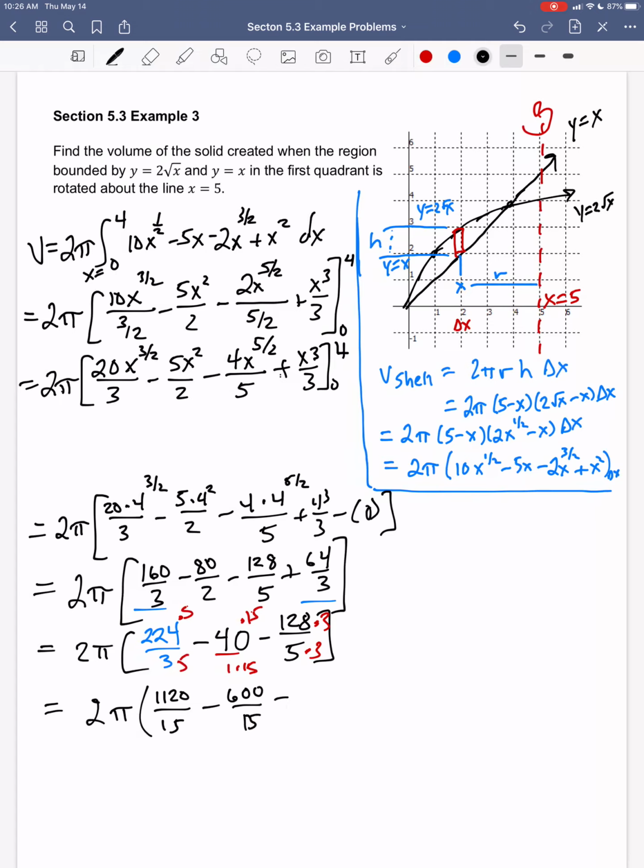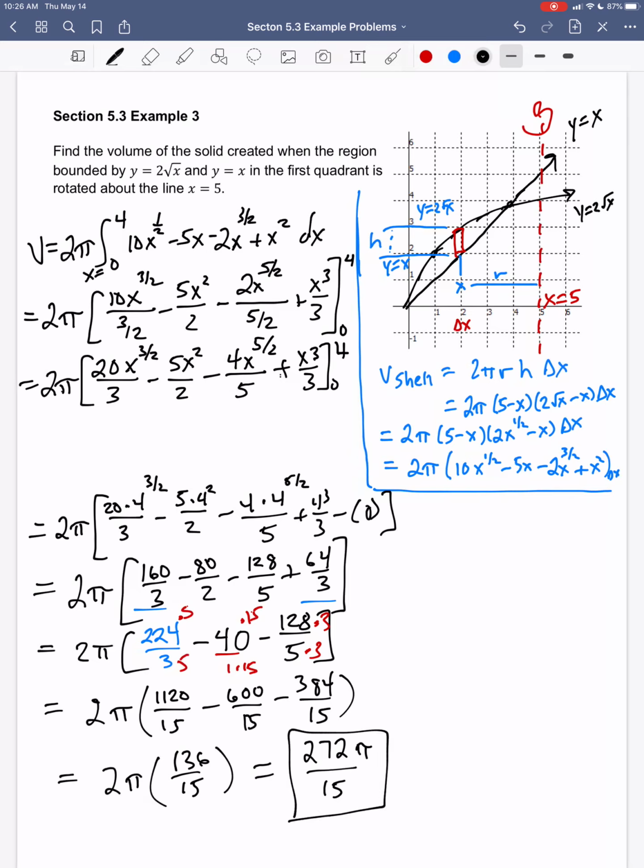And 128 times 3 is 384. And when we combine these together, we get 136 in the top and 15 in the bottom. So if I distribute in the 2 pi, we get 272 pi over 15. And again, if you compare that with an example I did in section 5.2, you'll see that it's the same answer.